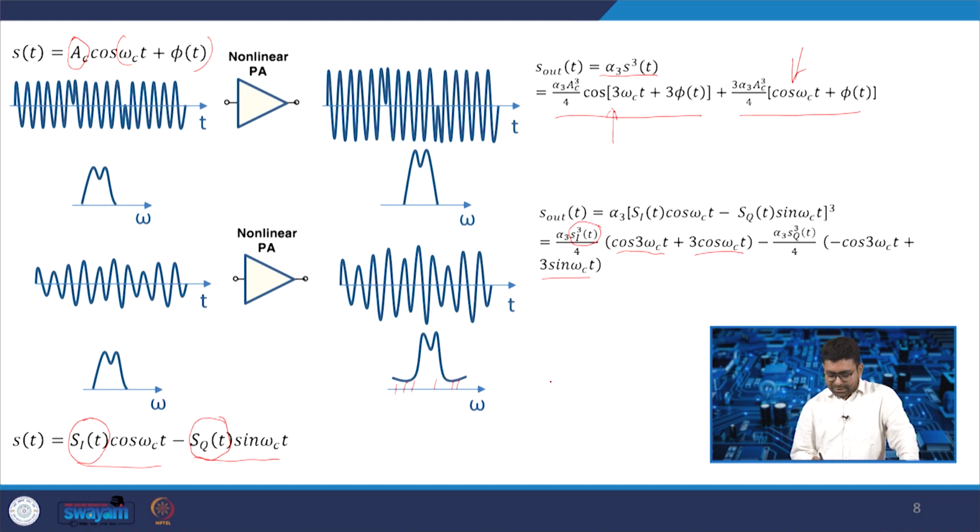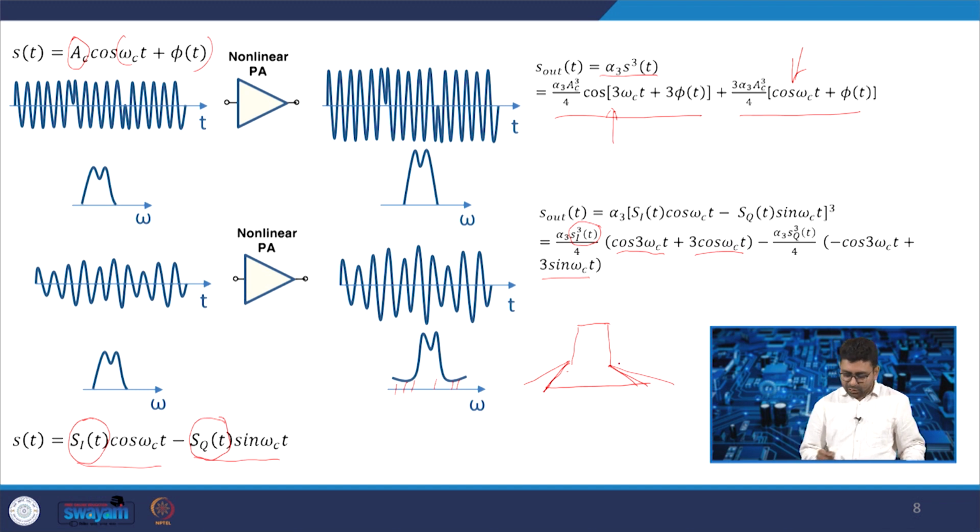If I draw it, it generally looks something like this. Whatever this variation is, it is nothing but the spectral regrowth. Because of this spectral regrowth, if your power amplifier linearity is not good, the spectrum might be spread very much.